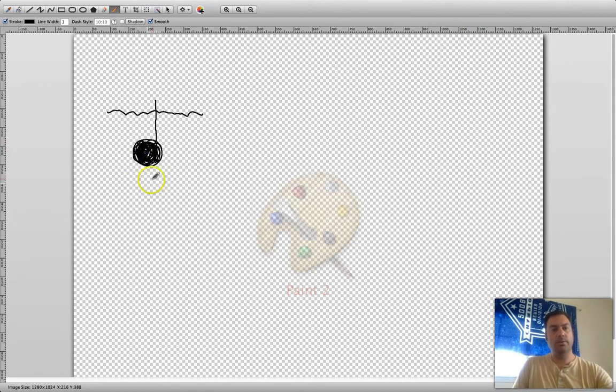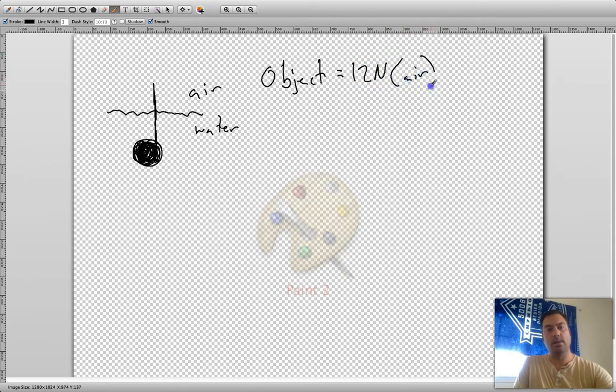We do know that on the surface, this is our connecting line here. This is water. The object weighs 12 newtons in air. But in the water, it's 4 newtons.